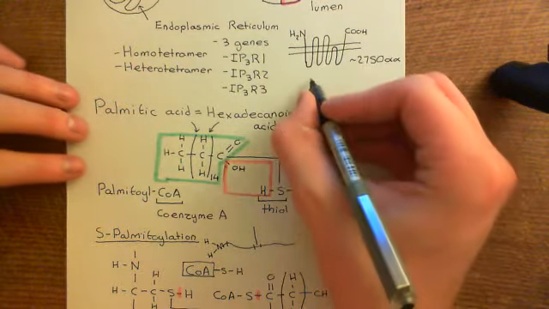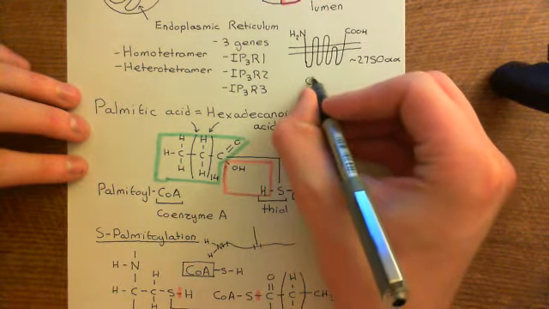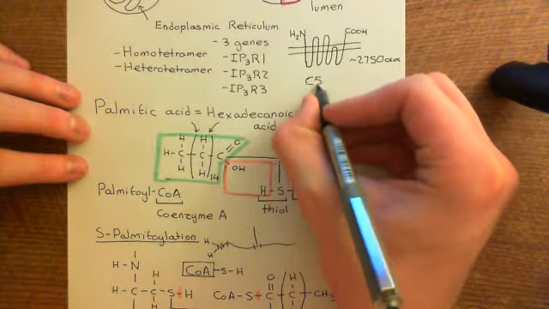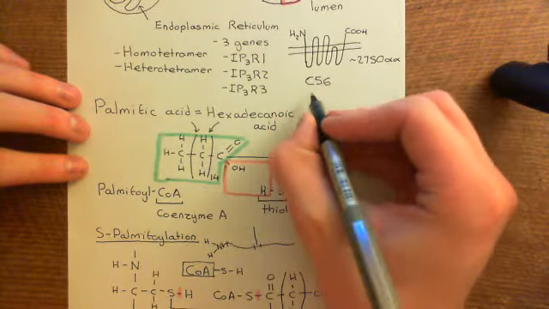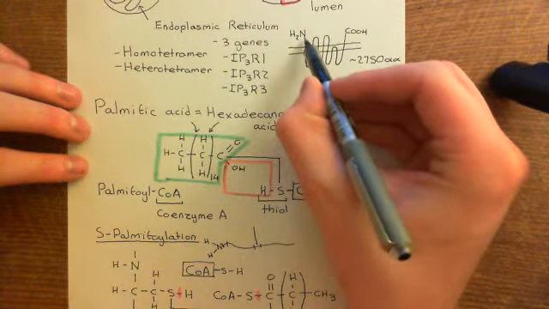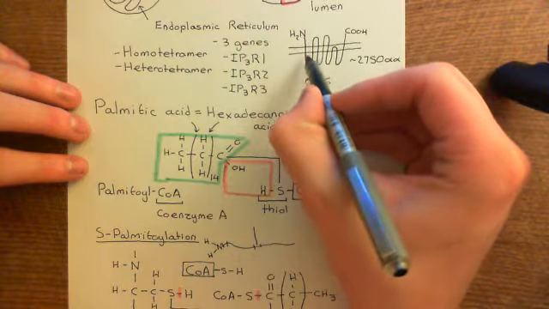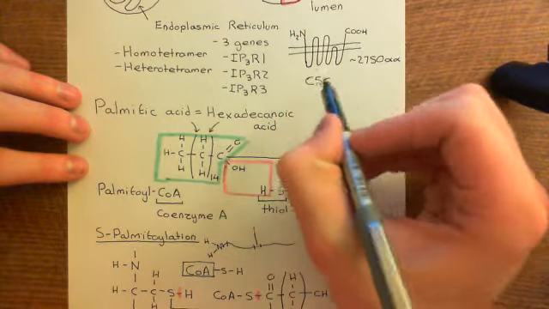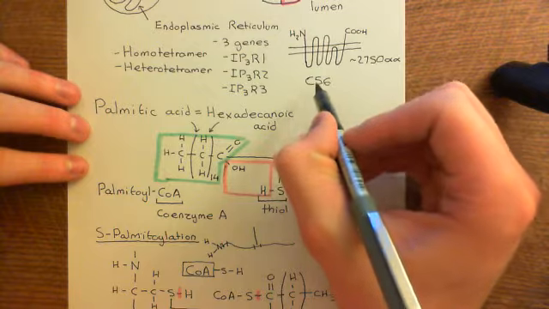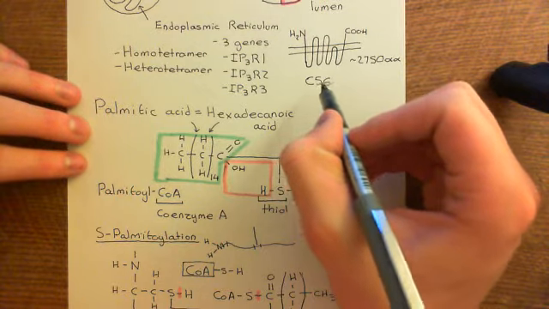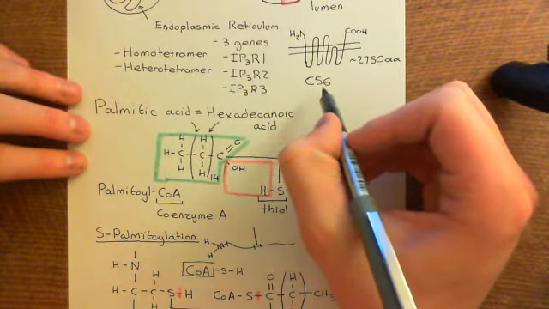There is a cysteine at position 56, i.e. if you count along the amino acids starting at amino acid 1, 2, 3, all the way up to 56, that's a cysteine amino acid, and that is a site of palmitoylation.